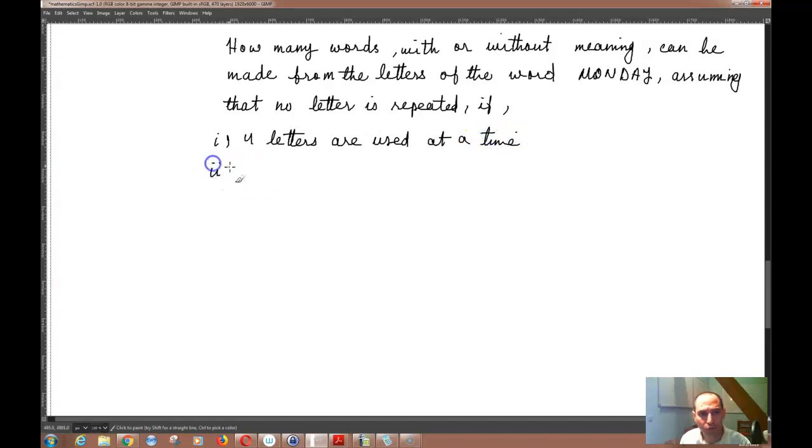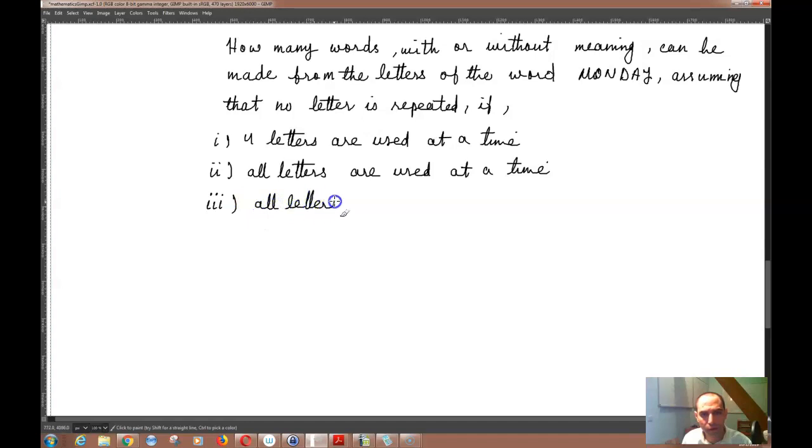Number 2, all letters are used at a time. And all letters are used, but the first letter is a vowel.